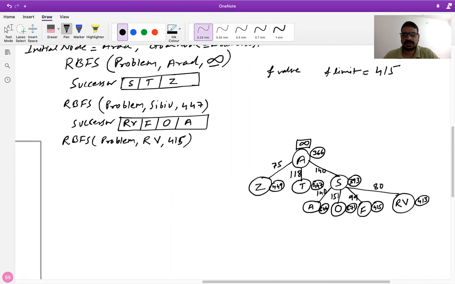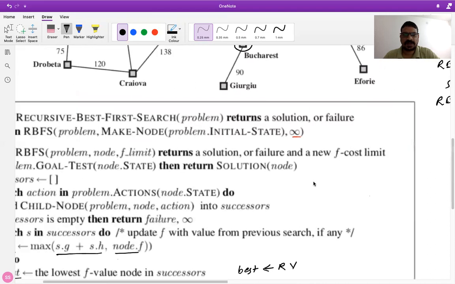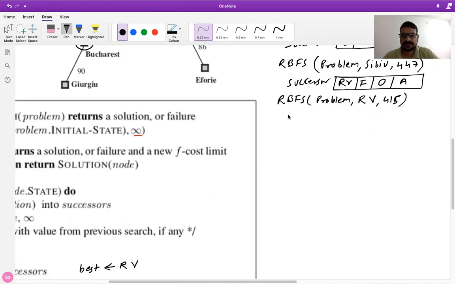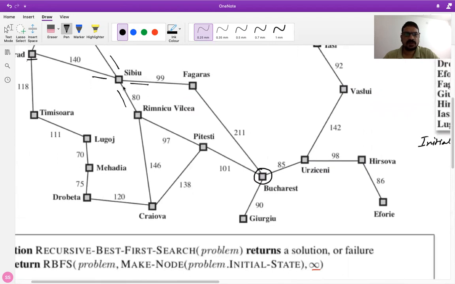Now the next node that we have to explore is RV. So RV has been applied here as a node. Is this RV a goal node? No, it is not a goal node. Then we'll create successors for that. What is the successor of RV? From Rimnicu Vilcea, we can go to Sibiu, Pitesti, and Craiova.